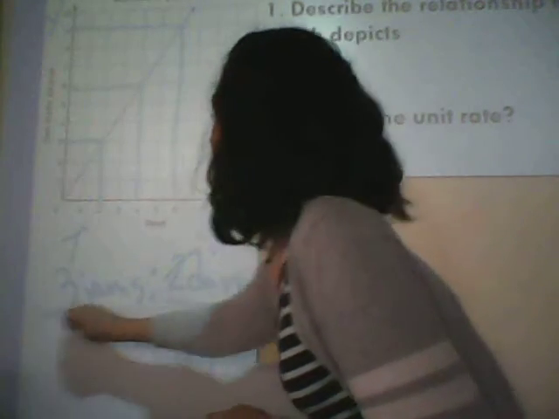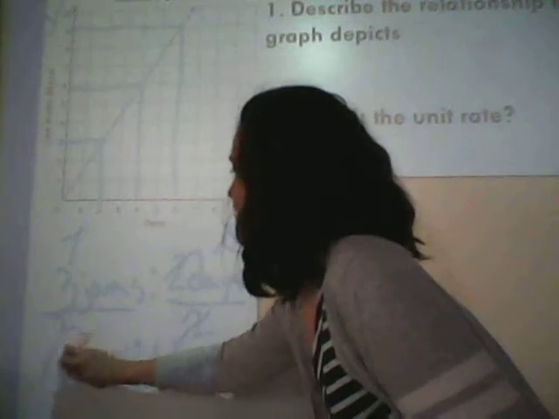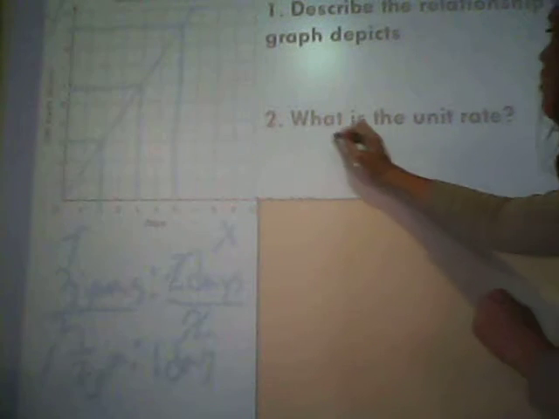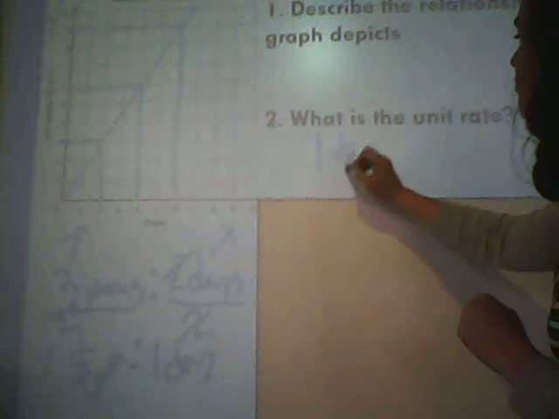And 3 divided by 2 is going to leave 1 1/2 liters of jam. So that would be my unit rate. I could put 1 1/2 jams per day. Very good.